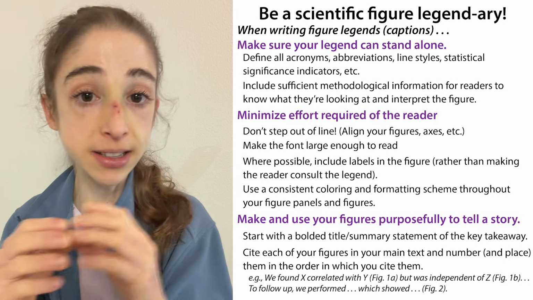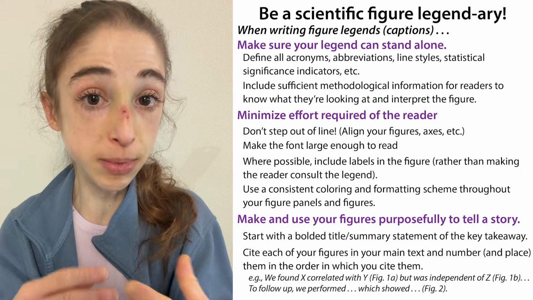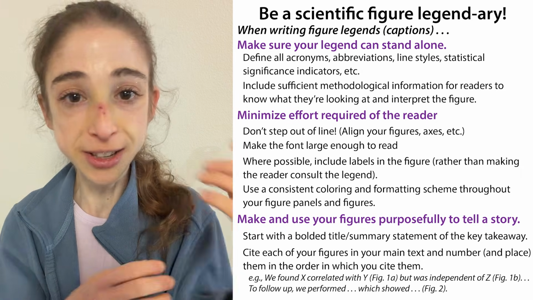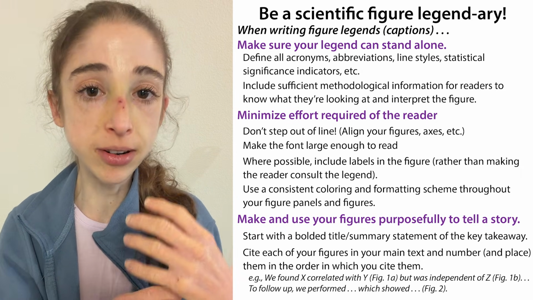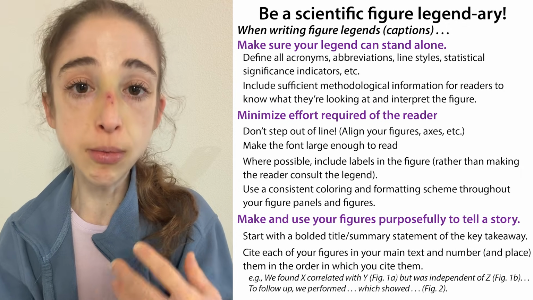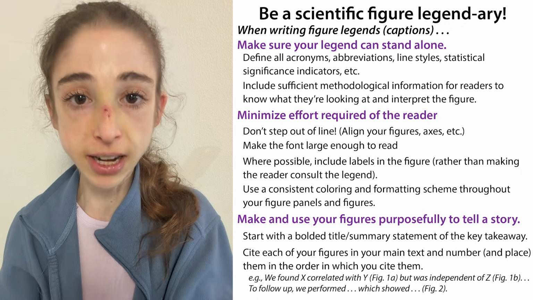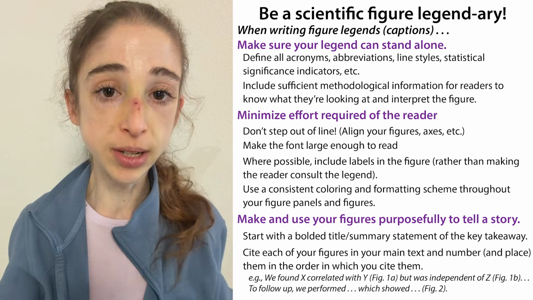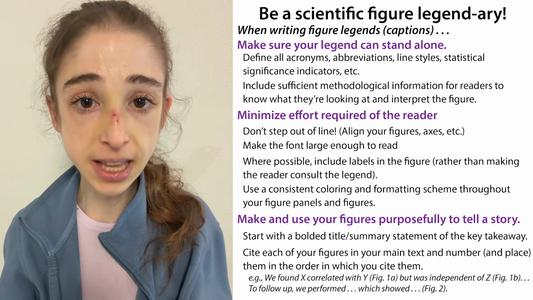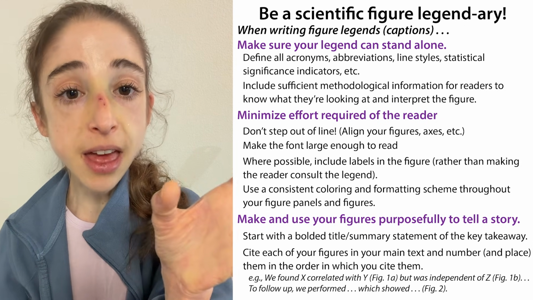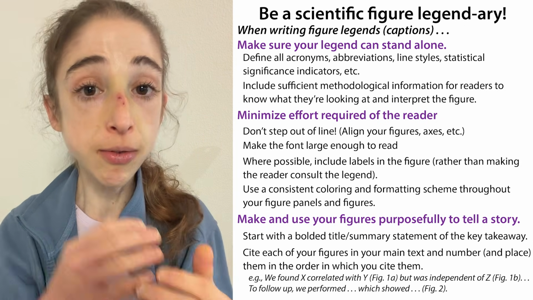Although the figure should be able to stand alone from the paper, it's associated with the paper, and so the author is giving you more information about how they generated the figure, about their interpretations of the figure, all of these various things. And then they're going to be citing that figure throughout the paper.